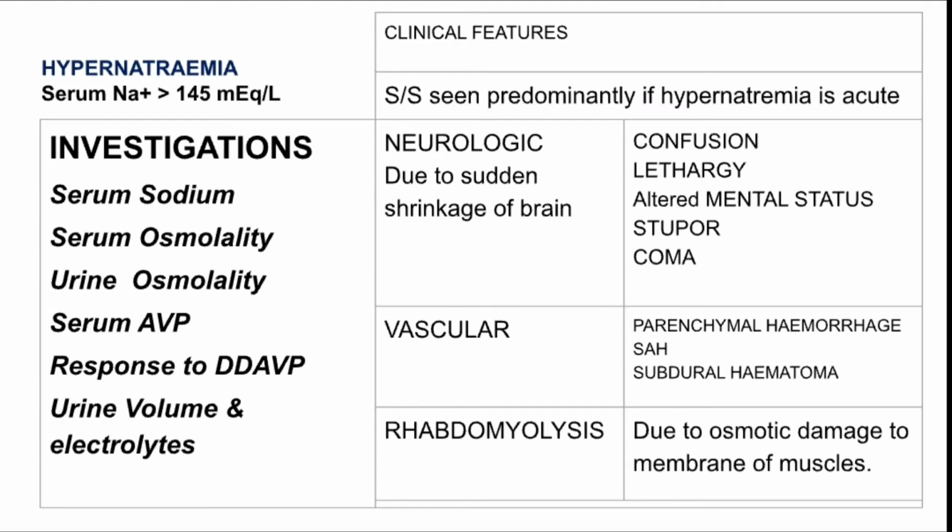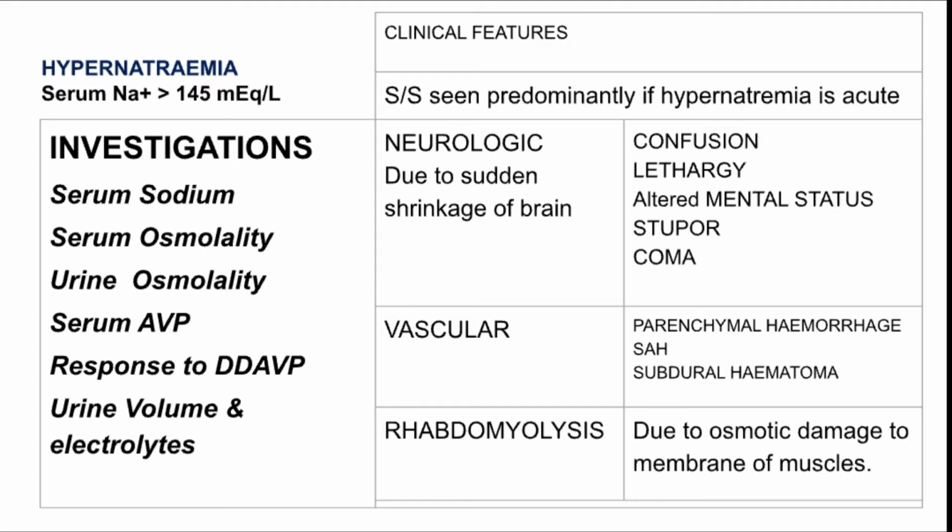Hypernatremia, if acute, can lead to vascular complications such as parenchymal hemorrhage, subarachnoid hemorrhage and subdural hematoma. And it can also bring about rhabdomyolysis because of osmotic damage to the membrane of muscles.